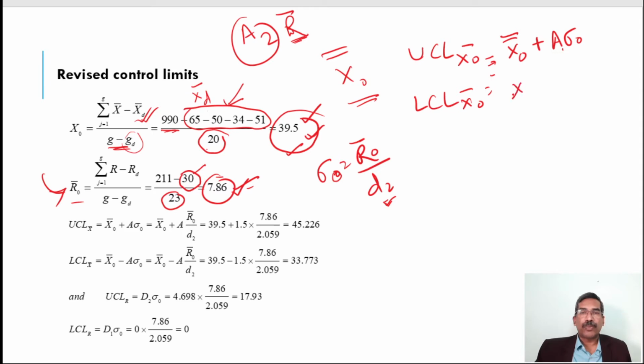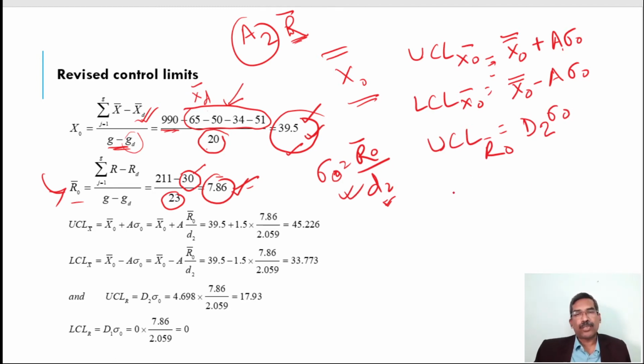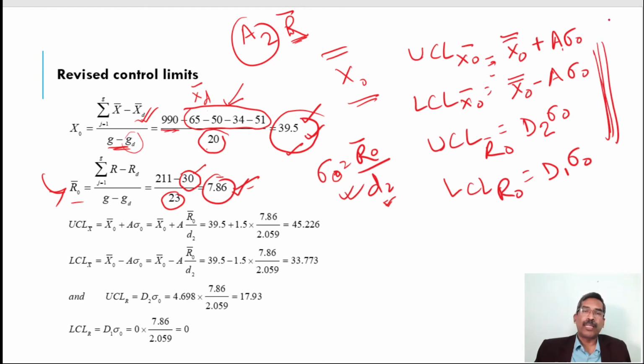Now similarly for LCL we can use this minus A sigma 0, and for the UCL for R new, this will be equal to D2, in place of D4 we use D2 sigma 0. Sigma 0 is already calculated as I discussed here. Then LCL R new, this will be D1 sigma 0, and in this way this will be the final value.